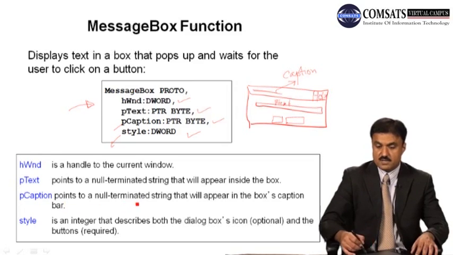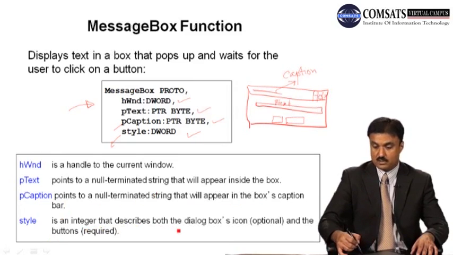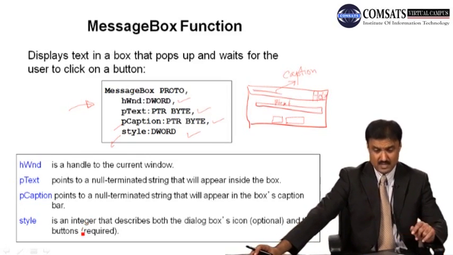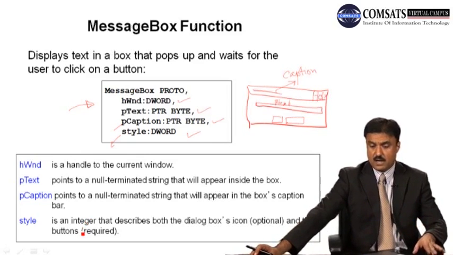So caption is a null terminated string that will appear in the box caption bar, and then style is an integer that describes both the dialog box icon, which is optional, and the buttons required. So we can describe the dialog box icon. Either you can use any icon or not. However, you must define the buttons.